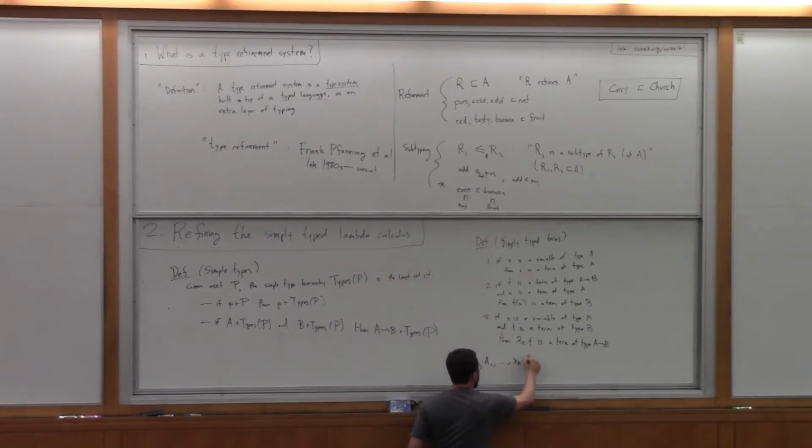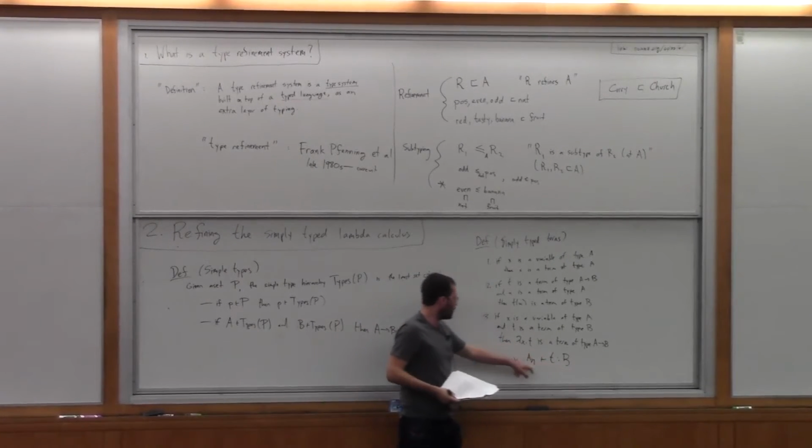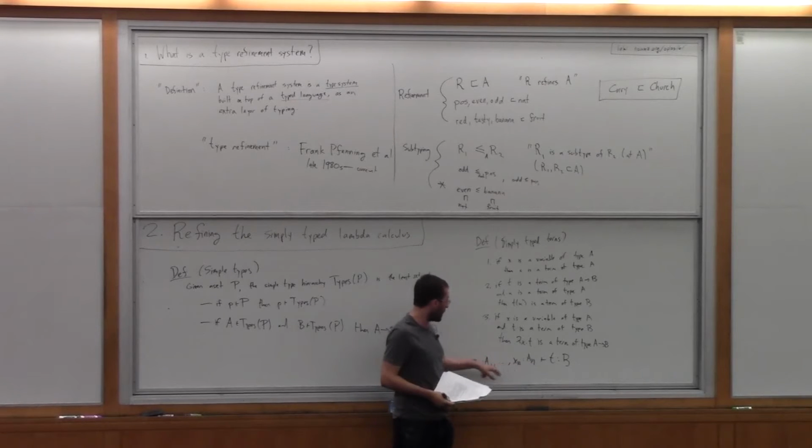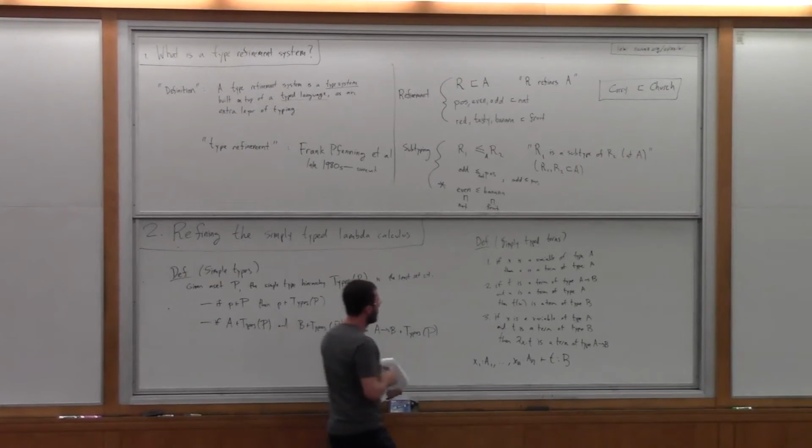When I write something like this, it means that T is a term of type B with variables x1 through xn, where x1 has type A1, and xn has type An.